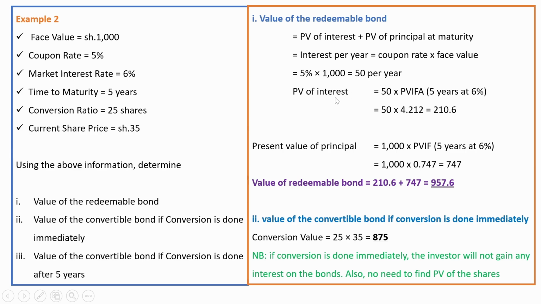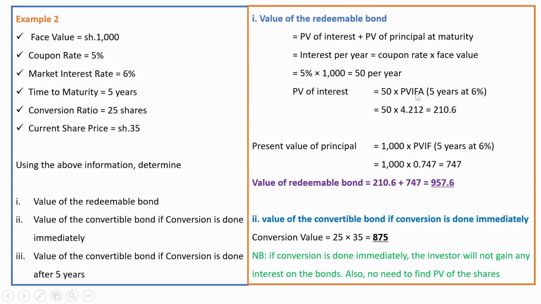So therefore the present value of interest is 50 multiplied by the present value interest factor of annuity, because if you receive this money every year, it is an annuity. So you're going to use the annuity table where the number of periods is 5 and the discounting rate is 6%, which is the market interest rate.